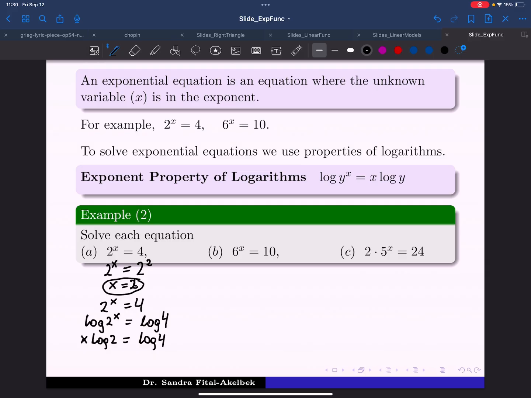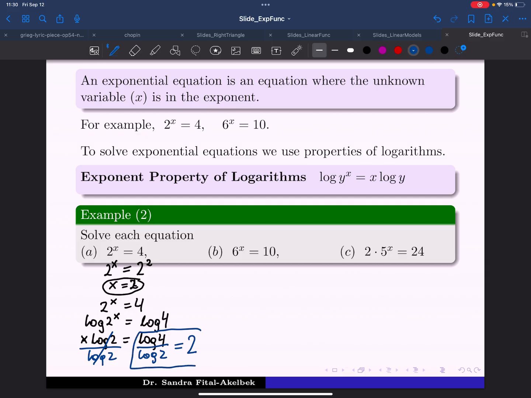And then to solve it, we would divide by log 2, this cancels out, and if you type on the calculator, log 4 divided by log 2, that should give us the value of 2.